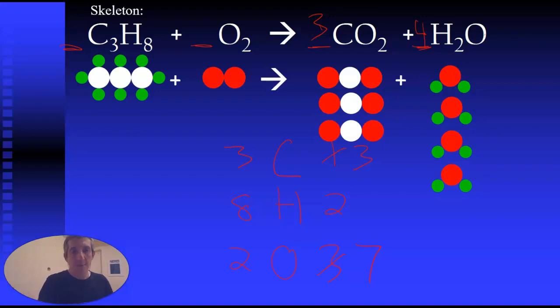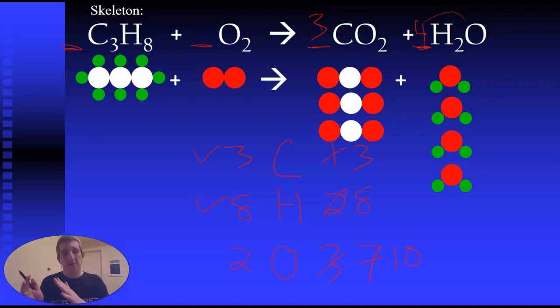Now I have 4 times 2, 8 green circles. But I also have to update my oxygens because it does distribute. So now I have 4 oxygens there. In terms of the red circles, 4 oxygens there and 6 oxygens there for a grand total of 10 oxygens. And so I'm closer. My carbon is great. My hydrogen's great, but my oxygen not so much.